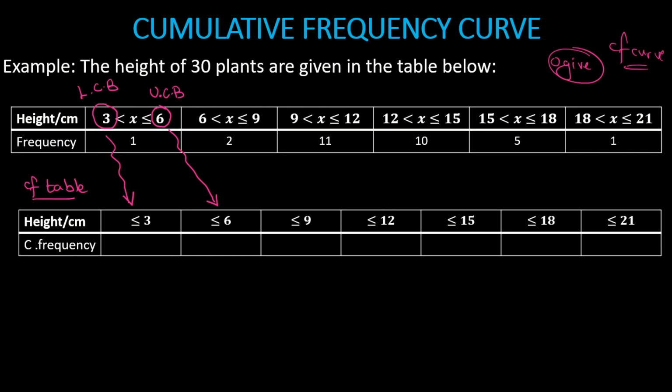The next value that comes after the 3 is the upper class boundary 6. Then we continue like this, choosing only the upper class boundaries. 18, we include 18, and lastly 21. This is the first step.